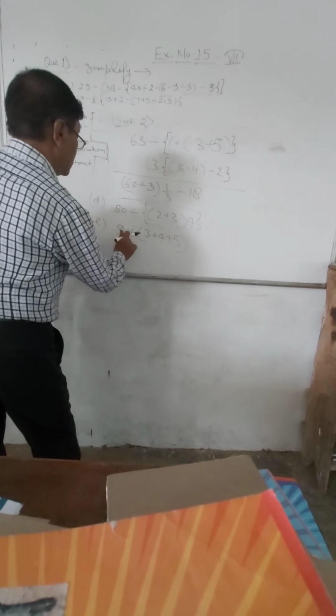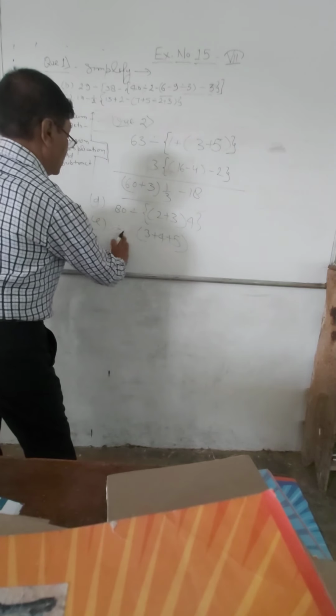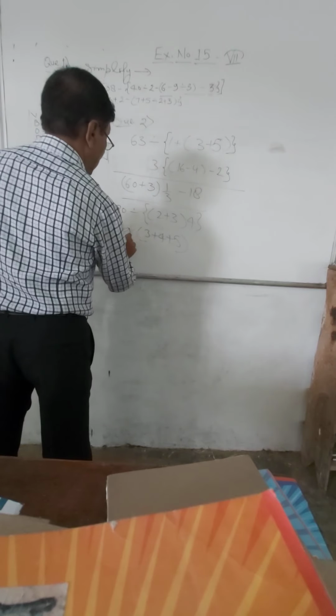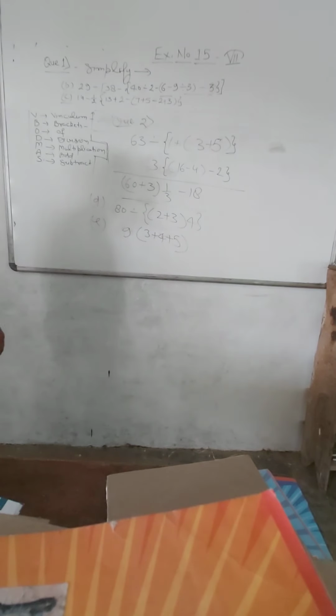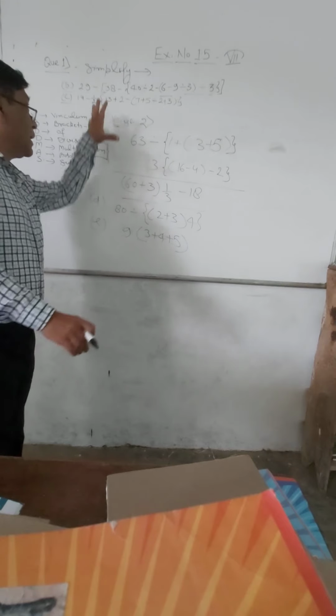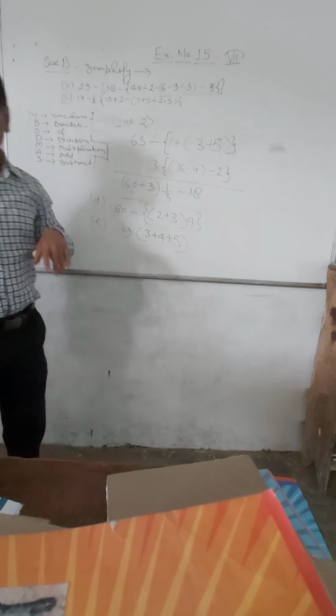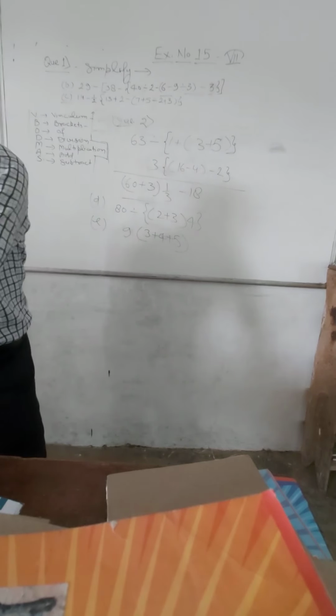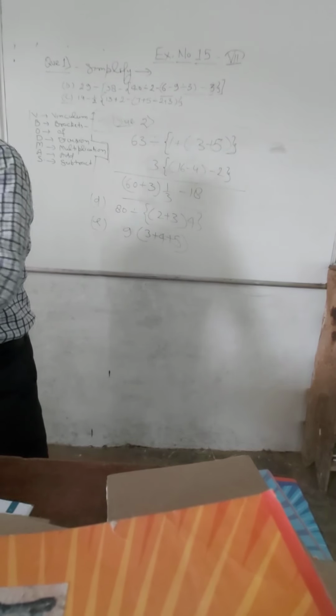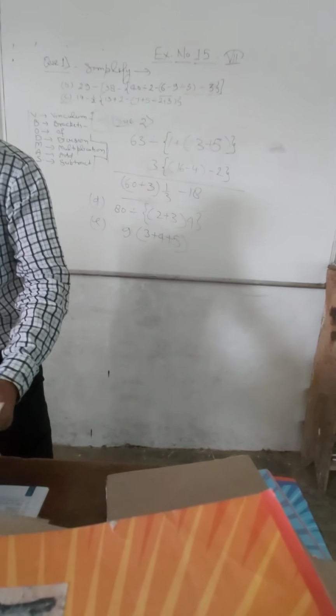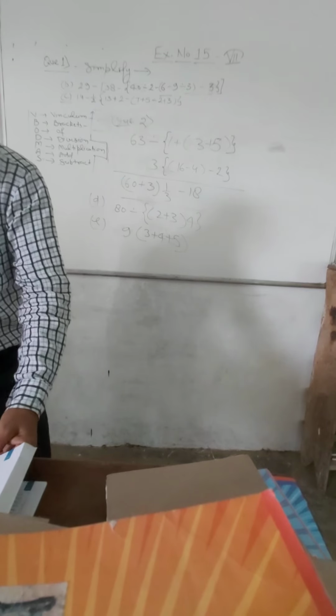So you can remove this, and here you can write 9 into 3 plus 4 plus 5. So this is the complete answer of question number 2. This way exercise number 1.5 is completely solved.